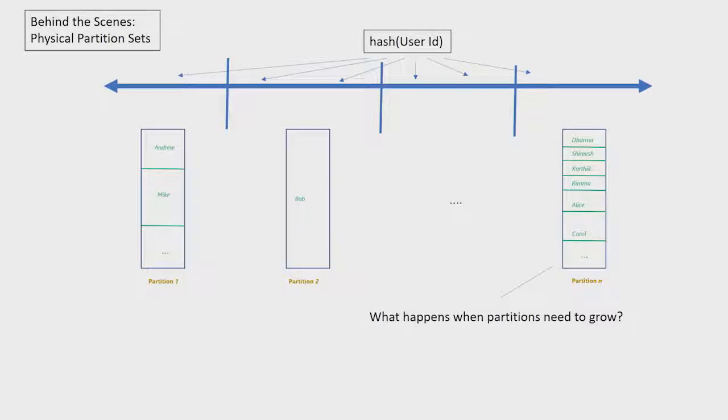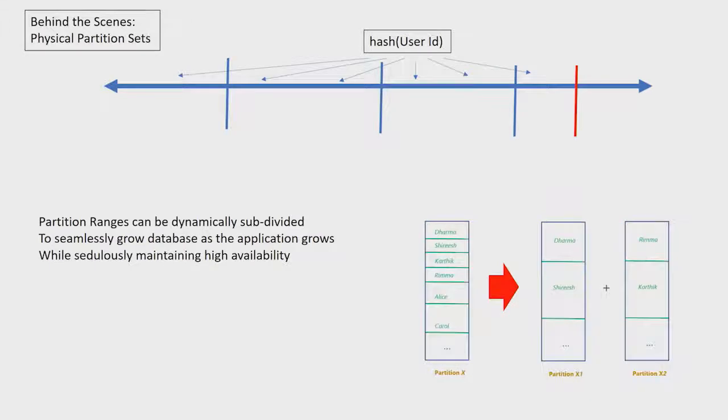Now, what happens when a partition needs to grow? Just because we've co-located partition keys on the same physical partition doesn't mean you're going to run into issues. This gives us a very clever technique in which we can simply split that one partition range and say, you know what, this range of values, 75 to 100, is starting to fill up.